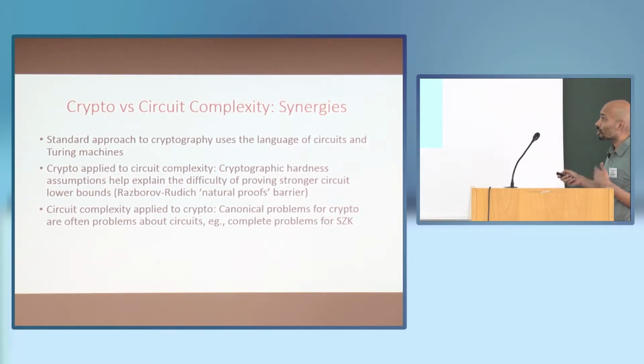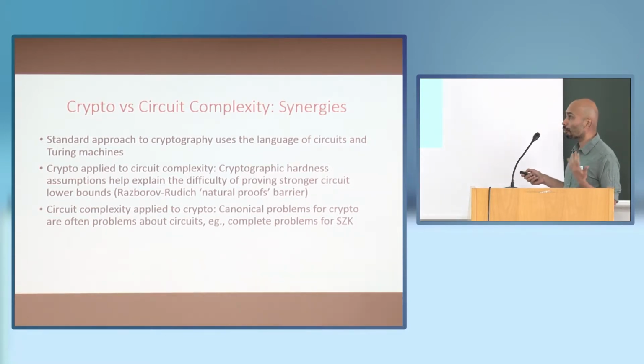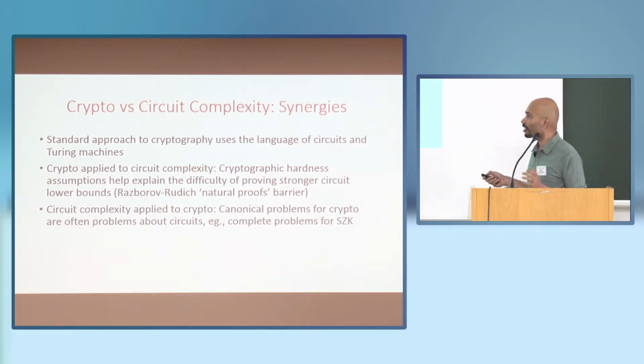So the cryptographic hardness assumptions help explain the difficulty of proving stronger circuit lower bounds. And lots of interesting problems in cryptography are defined using circuits, such as canonical complete problems for SZK. In particular, in this talk, I'm going to talk about the minimum circuit size problem and its relevance to crypto, and that's a problem that's clearly about circuits.